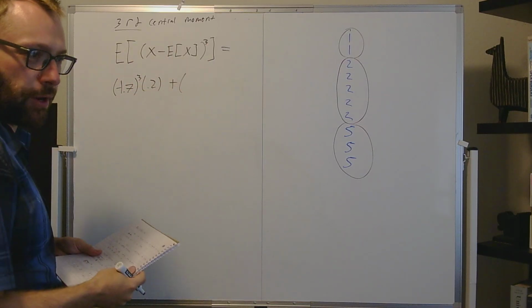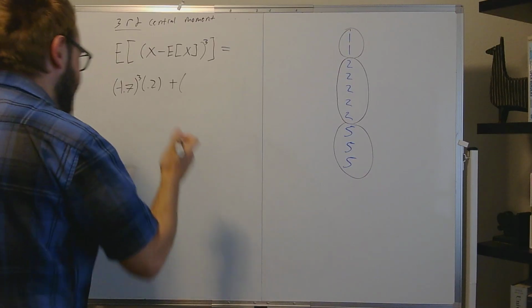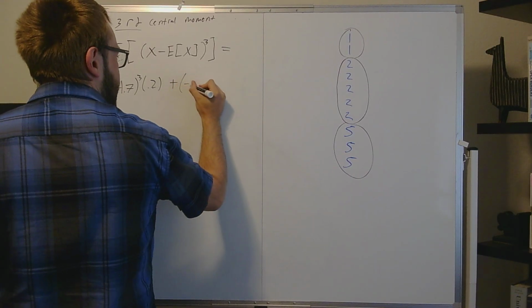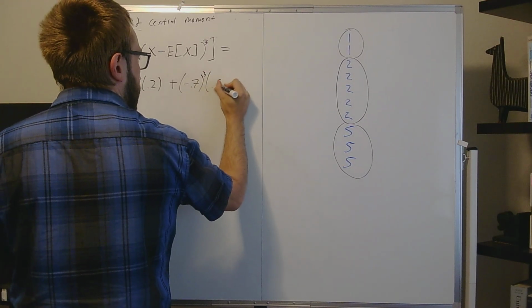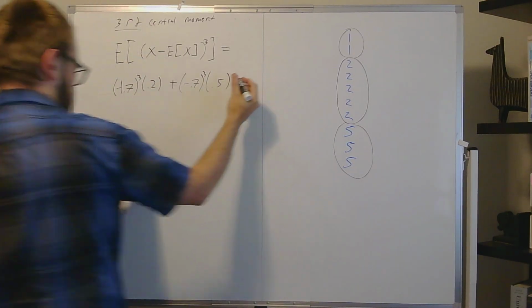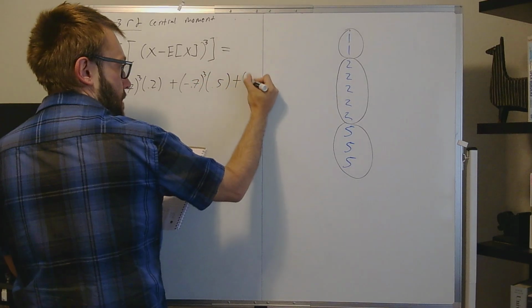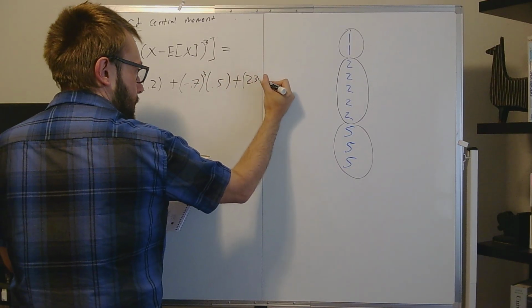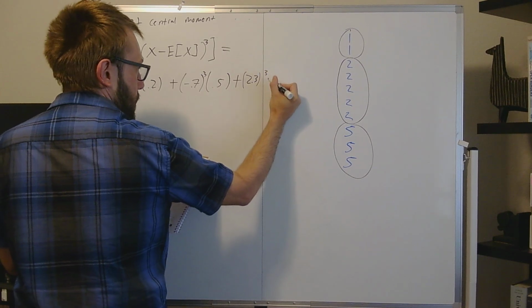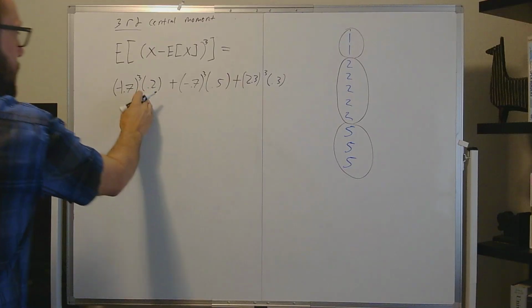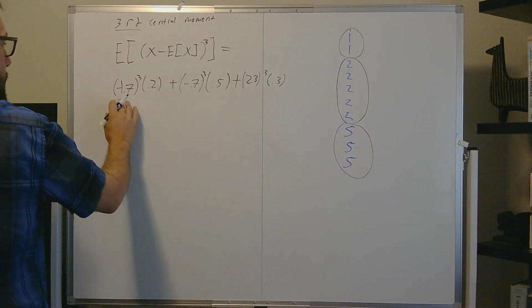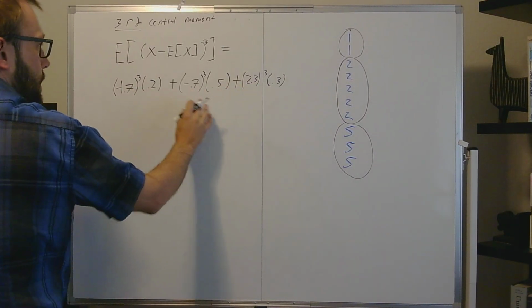There's a reason why it's called the third. Don't start with it. Negative 0.7 cubed multiplied by 0.5 plus, and we have our 2.3 cubed now multiplied by 0.3. Probabilities of our centering itself cubed.